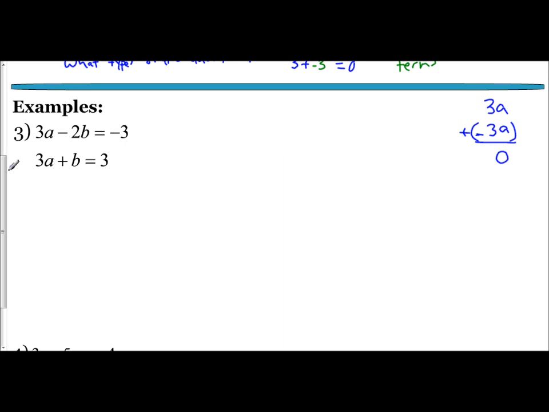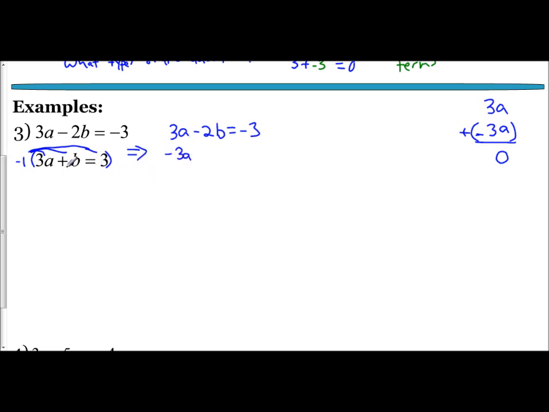Well, right now on the bottom I have a positive 3a. So to make this negative, I'm going to multiply the entire equation by -1. So the top equation stays the same, 3a minus 2b equals -3. Now when I multiply the bottom equation by -1, you're going to distribute to all three terms, which, multiplying by a negative, just changes all the signs.